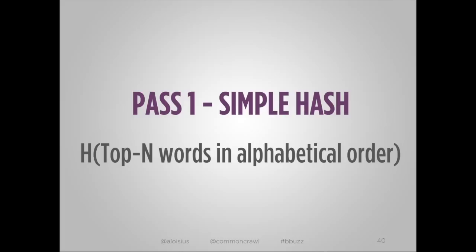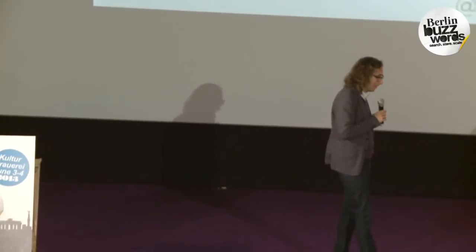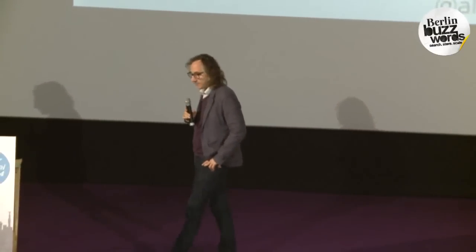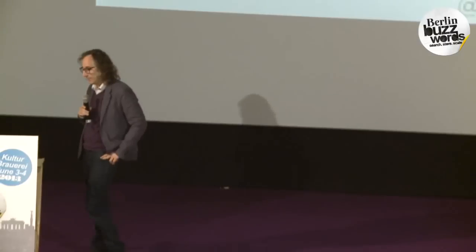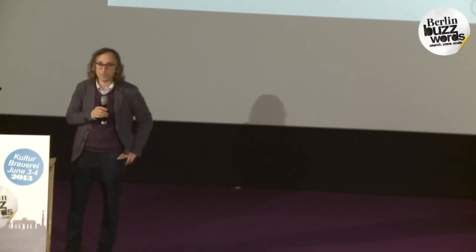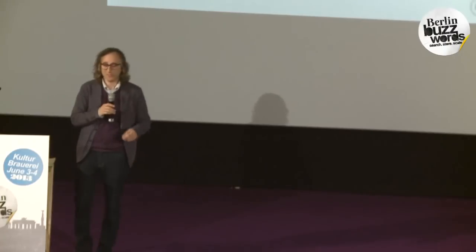So instead, what we do is the world's dumbest algorithm that works. It has huge false positive rates, truly terrible false positive rates. But it is really, really, really fast. We take the top N words for a document, we alphabetize them, and then we hash them. That's it. It's fast, it's easy, it can be used on the slowest machines Amazon provides outside of their micro instances.